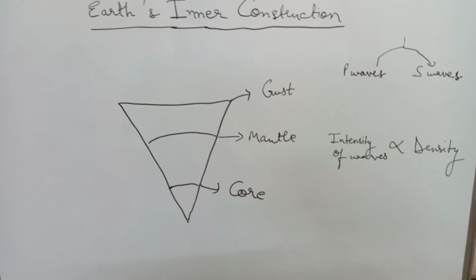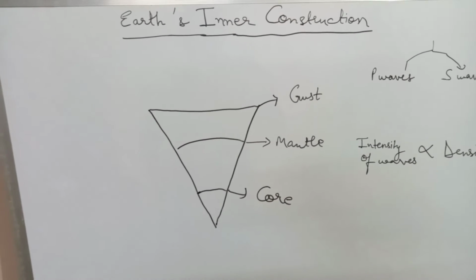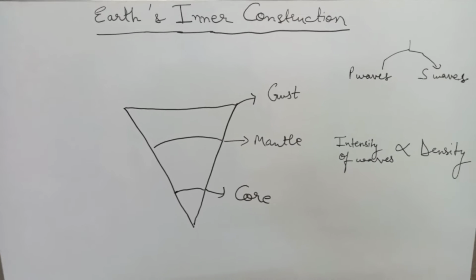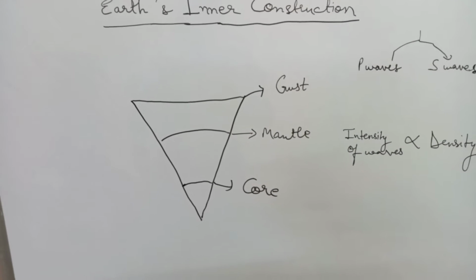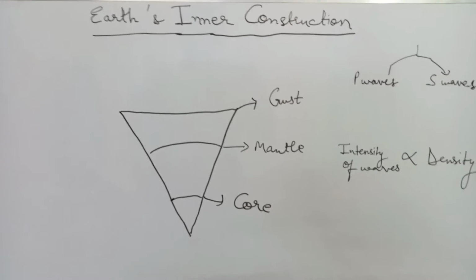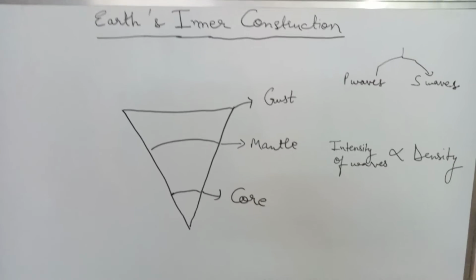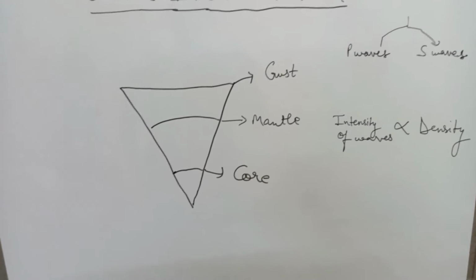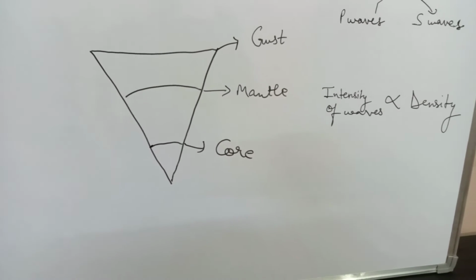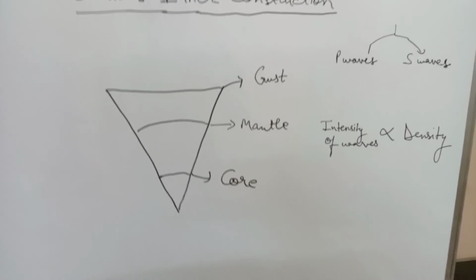As we know, solids, liquids, and gases have different kinds of densities. So depending upon those factors, density differs, and therefore the intensity of waves affects in direct proportion to the density of the kind of particle present.